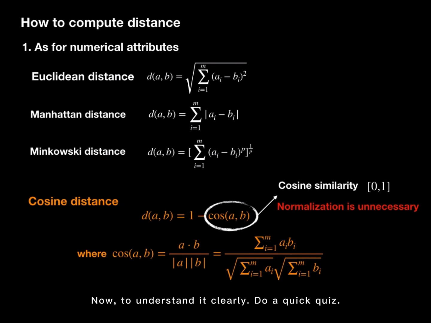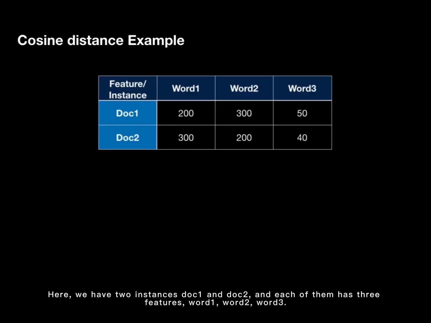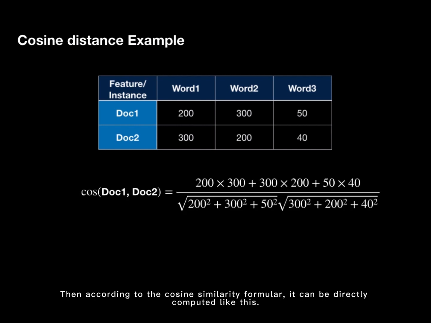Now, to understand it clearly, let's do a quick quiz. Here, we have two instances, dog1 and dog2, and each of them has 3 features, word 1, word 2, and word 3. Then, according to the cosine similarity formula, it can be directly computed like this.